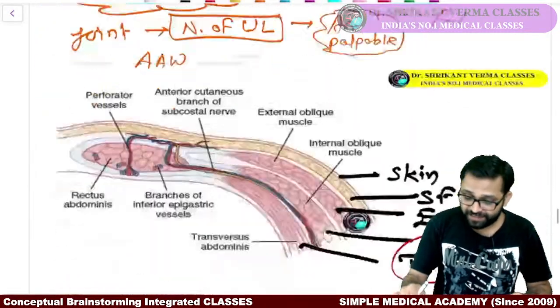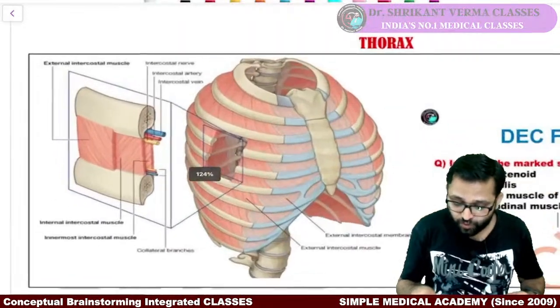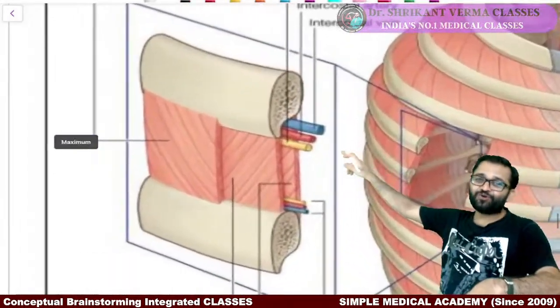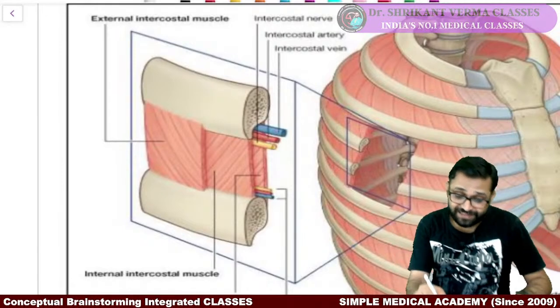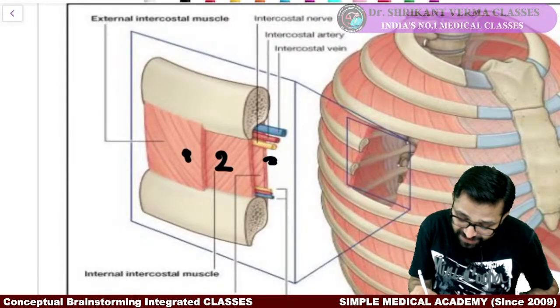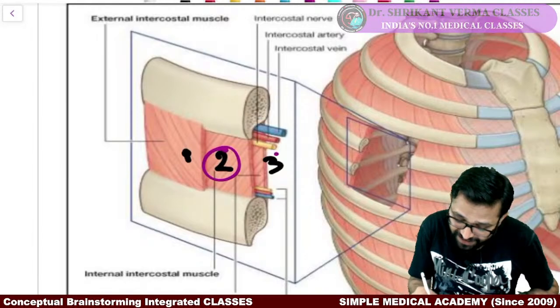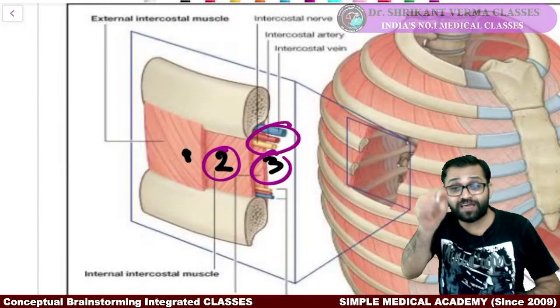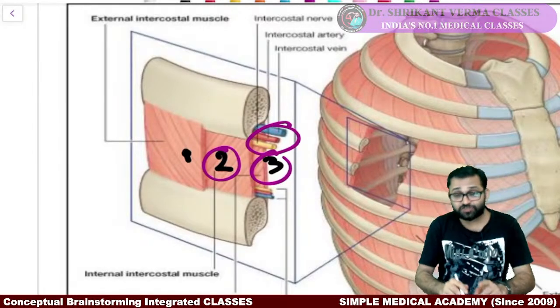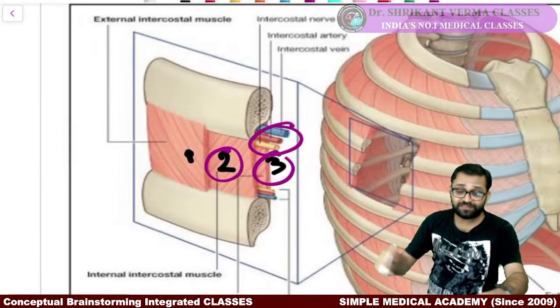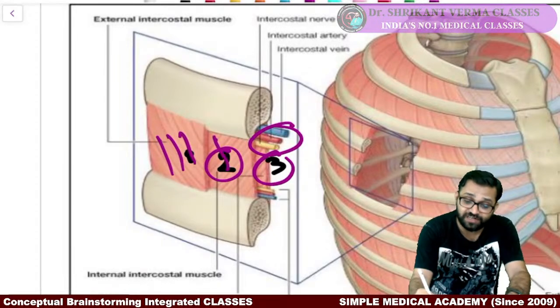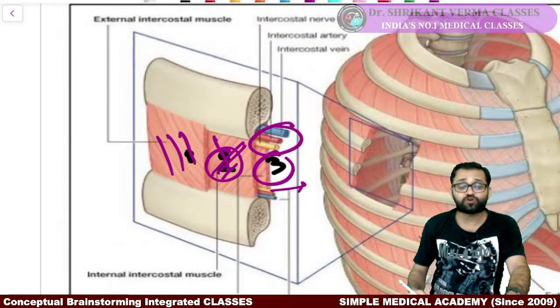Getting the point? I told you at the time of the thorax that the neurovascular bundle, just like in the thorax, runs in the abdomen between the second and third muscle layers. In the thorax, it runs between the internal intercostal and the innermost intercostal.